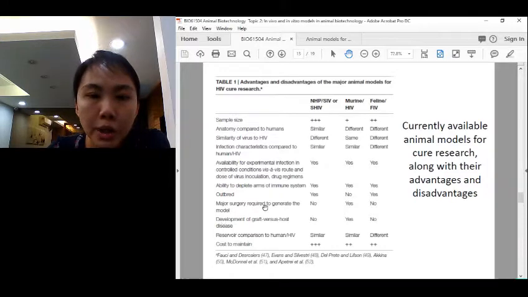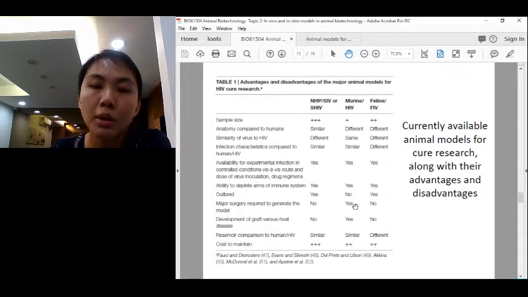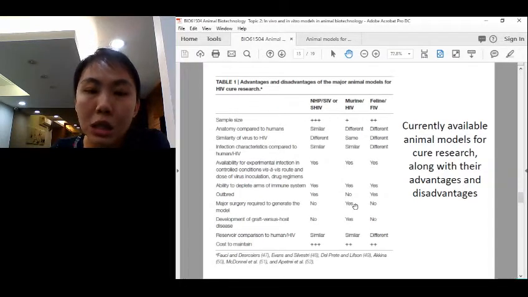Okay, so for major surgery required to generate the model: no, you just need to infect the model. For the murine model, yes, because you will need to generate the humanized mouse, where you first do some crossing for a transgenic mouse to obtain the immunocompromised mouse, and then you will need to do transplantation to implant human immune cells into the mouse itself.